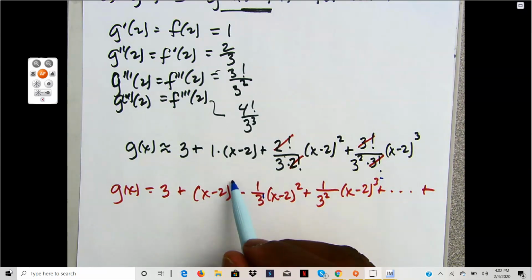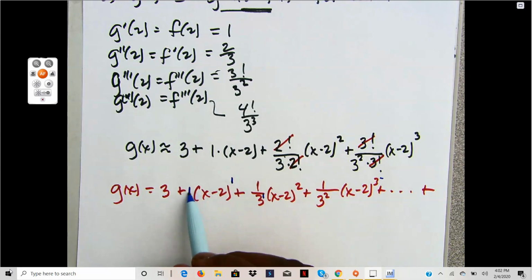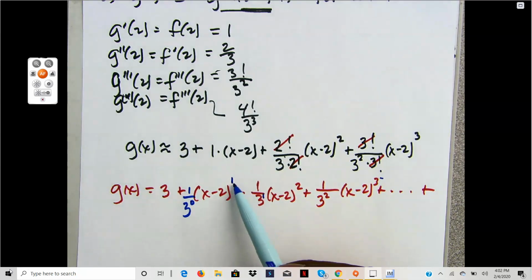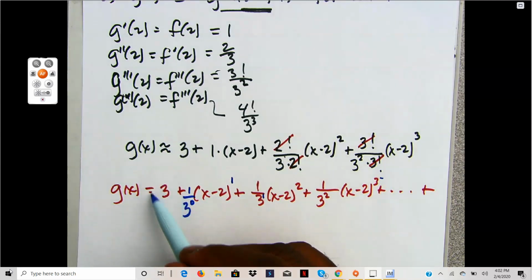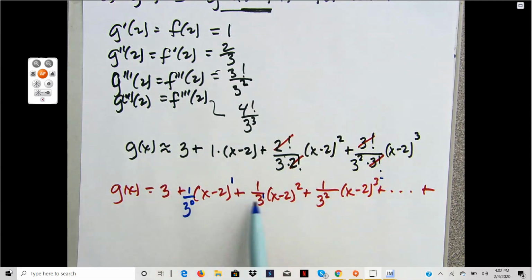So this is x minus 2 to the first, so this would be 1 over 3 to the 0. So it looks like the exponent for the x minus 2 is 1 more than the exponent here. And then if we think of this, this is 0, 1, 0, 1, 2. If this is n, then this 3 would be 1 over 3 to the negative first, which would be 3.